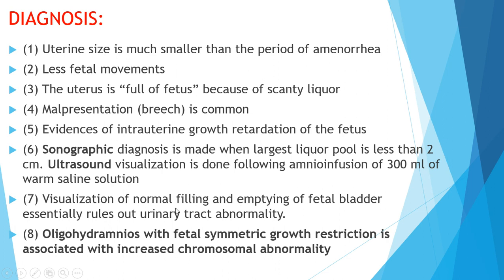Visualization of normal filling and emptying of the fetal bladder essentially rules out urinary tract abnormality. If there are any problems in the urinary tract, the baby will not pass urine. Amniotic fluid is formed by the fetal urine and the secretion of the placental amnion, so if the baby has emptying problems, urine output will be diminished, which also causes oligohydramnios.